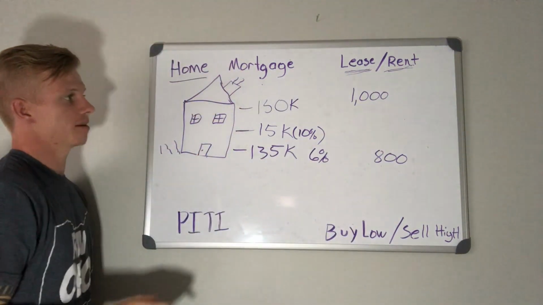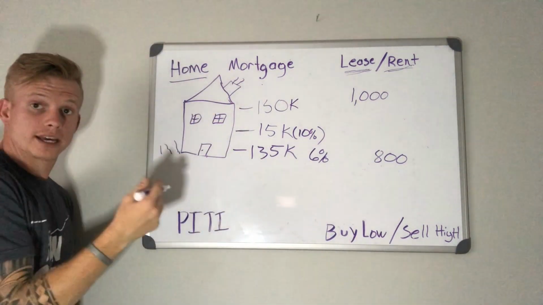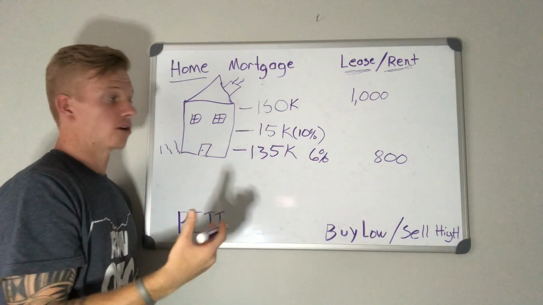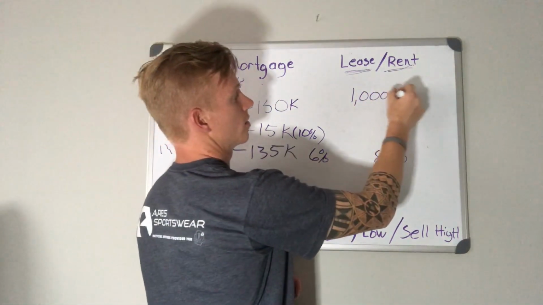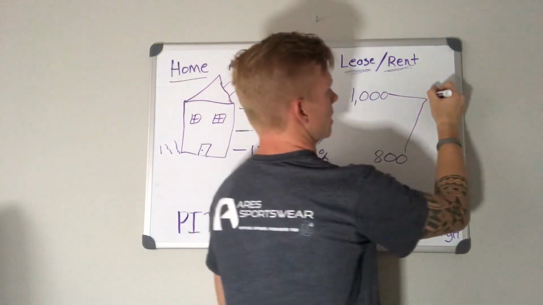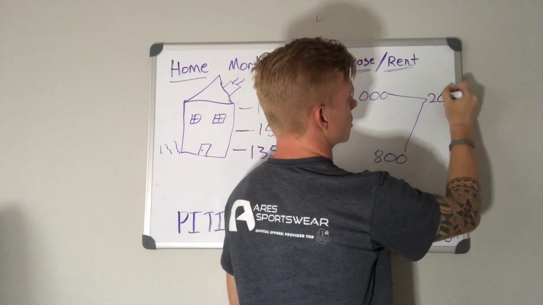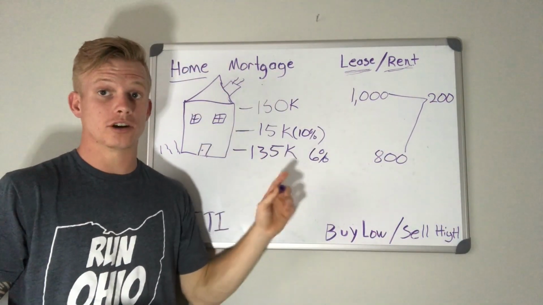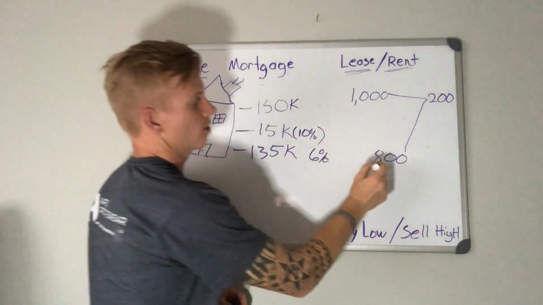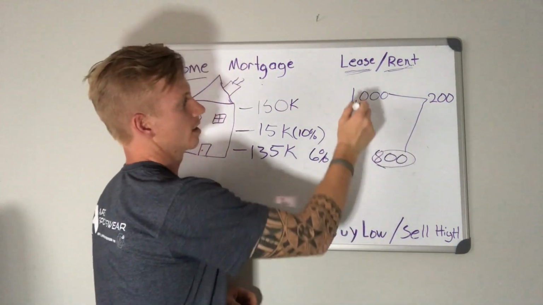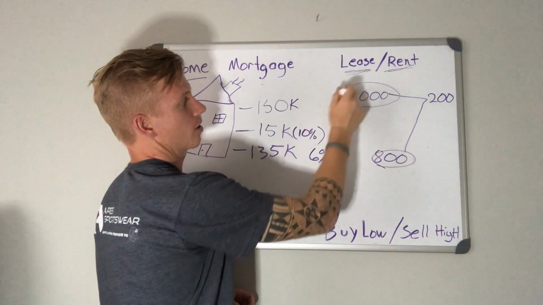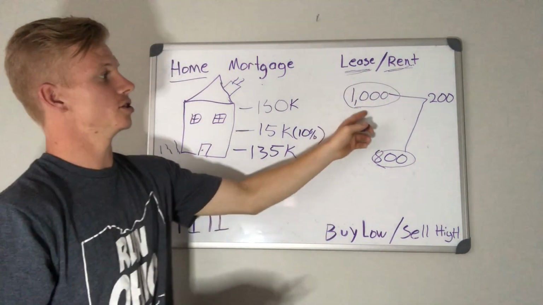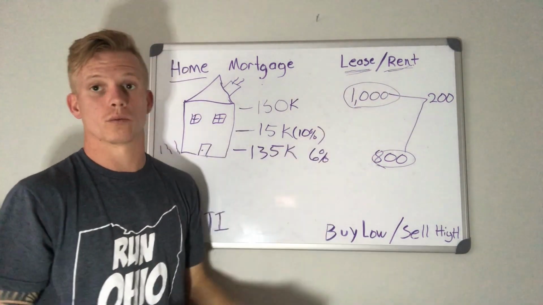Say you have a single family that comes in and they're willing to give you $1,000 for your home. So what this does is create $200 of cash flow. Cash flow is good. So $800 was your mortgage, $1,000 is what you're getting every month, so you're generating $200 worth of cash flow.